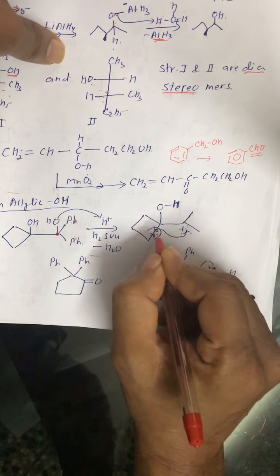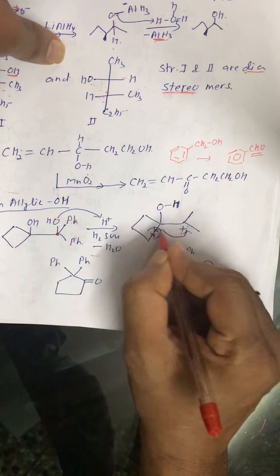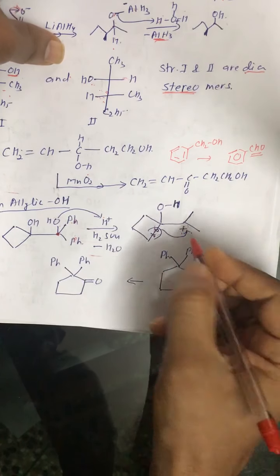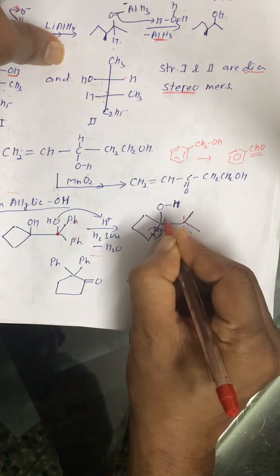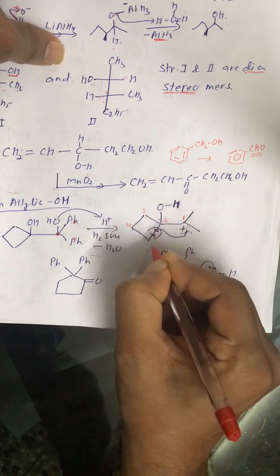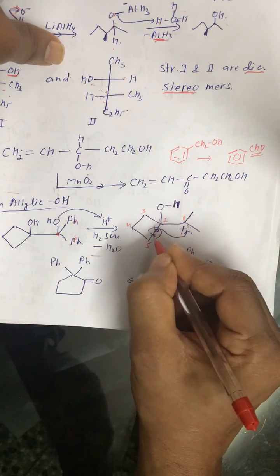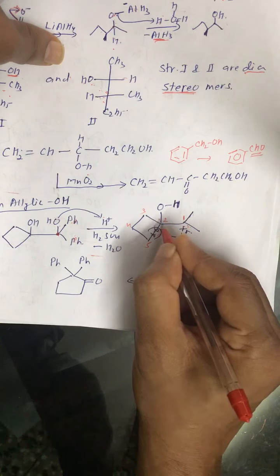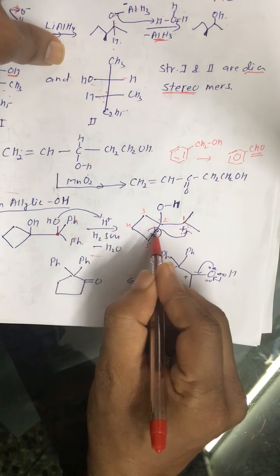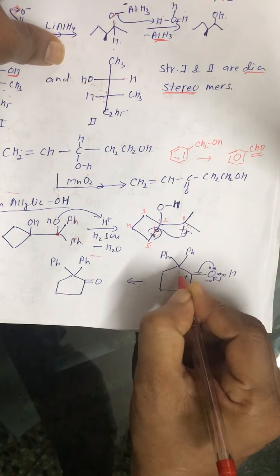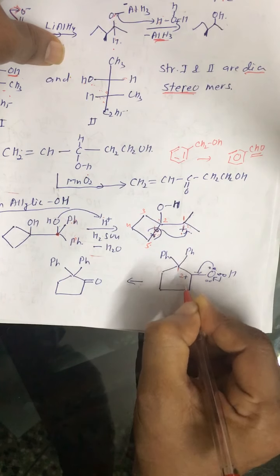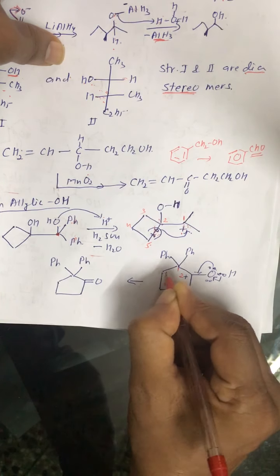But here this migration involves ring expansion. See, here suppose this is the first carbon atom, this is second, third, fourth and fifth. The electron pair between the second and fifth carbon atoms gets shifted to this first carbon atom. So now we have 1, this is 2, this is 3, this is 4, this is 5.